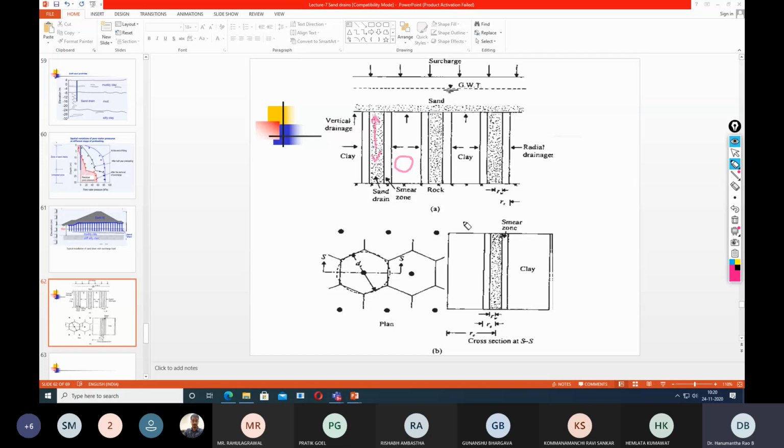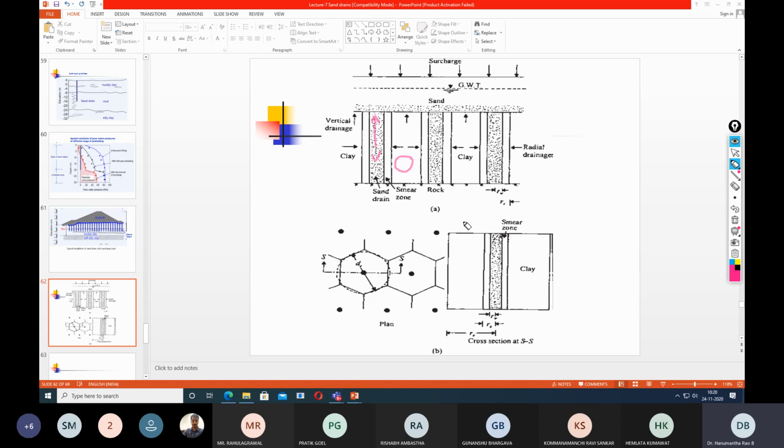Suppose in this diagram, there are two important things you need to understand: the seasonal changes of the groundwater without surcharge load, and the effect of seasonal changes of the groundwater after the surcharge load. You might have heard of self-consolidation when talking about 1D consolidation.